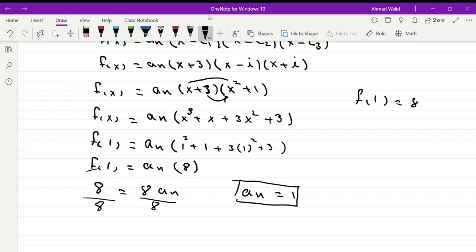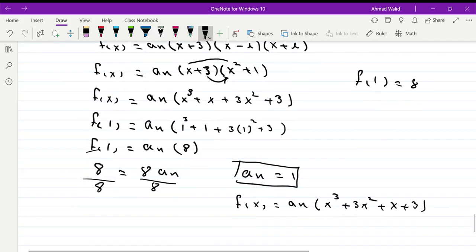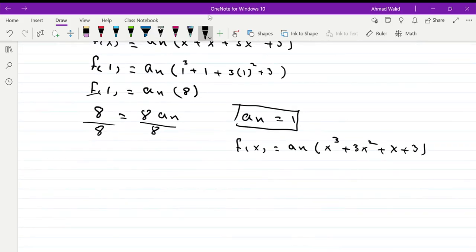Now, what was the polynomial function actually? You had f of x equals a sub n parentheses x cubed plus 3x squared plus x plus 3, if I order it a little bit, right? Now, how much is a sub n? Your a sub n is 1.